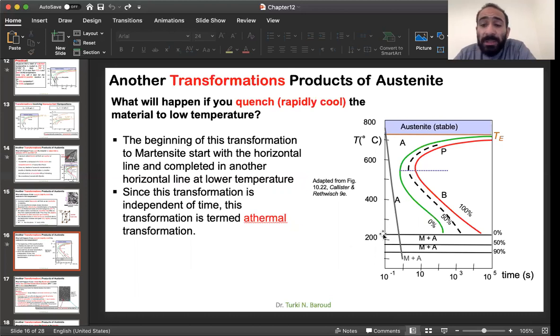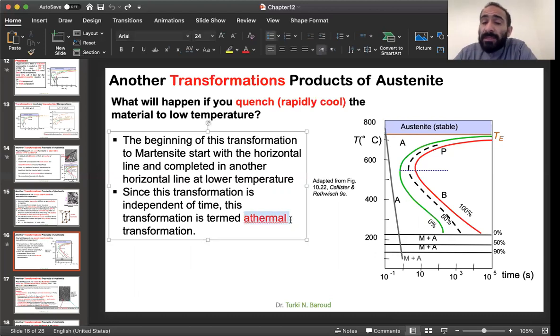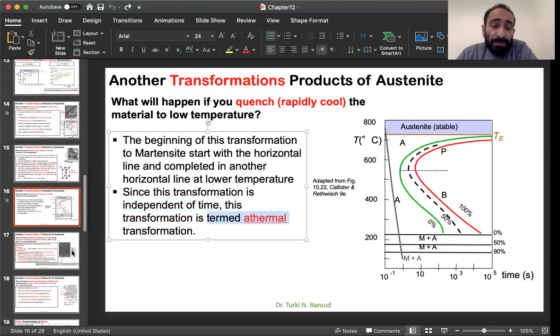It only depends on the temperature. However, pearlite and bainite depend on the temperature and also depend on time in order to see the transformation. This is why we call the austenite (gamma) to martensite transformation a thermal transformation, because it is independent of time.